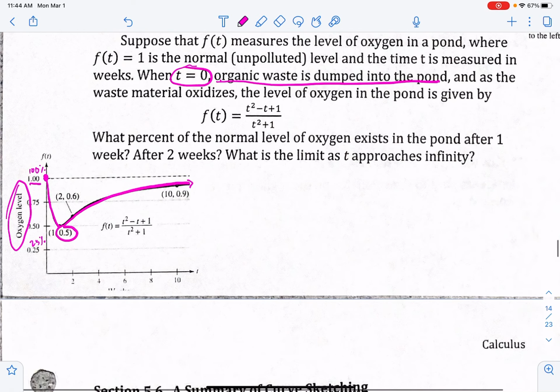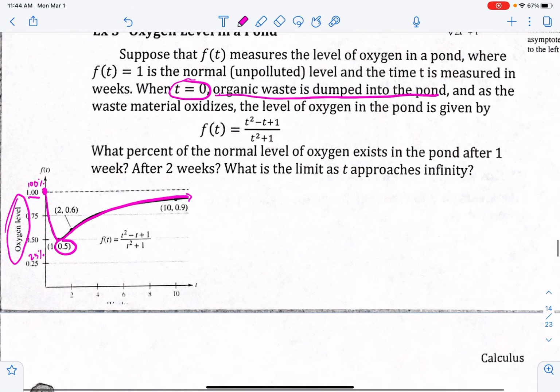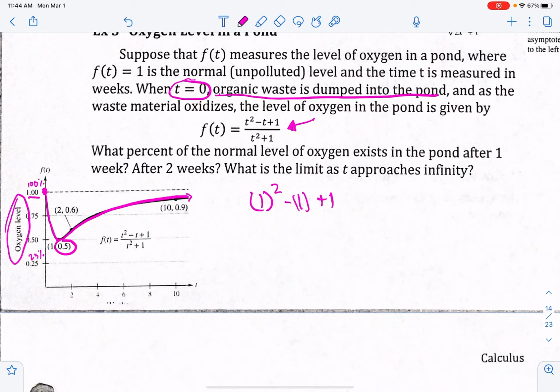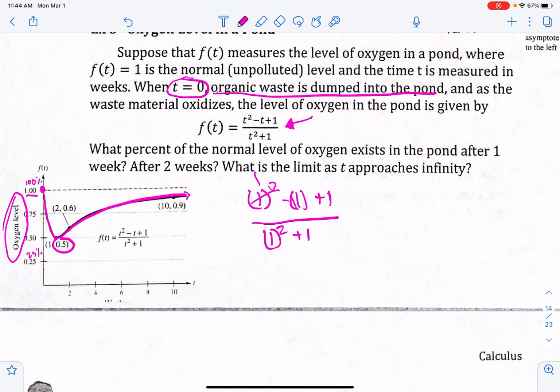So what percent of the normal level of oxygen exists in the pond after 1 week? Since our equation is represented in weeks, we just plug 1 in there. So 1 squared minus 1 plus 1 over 1 squared plus 1, okay? 1 squared is 1, minus 1, those go away.